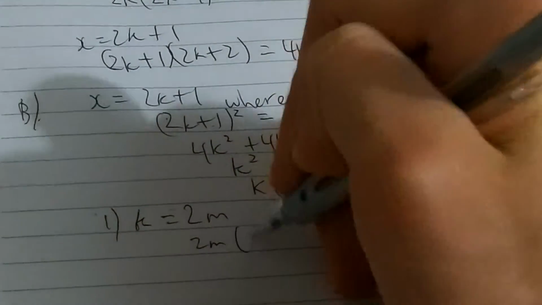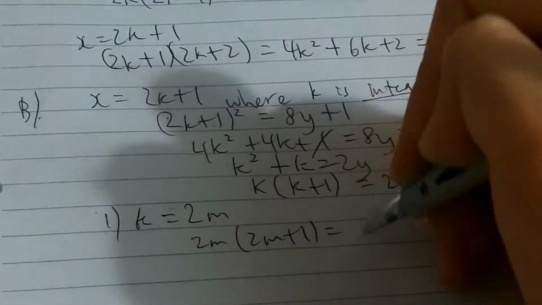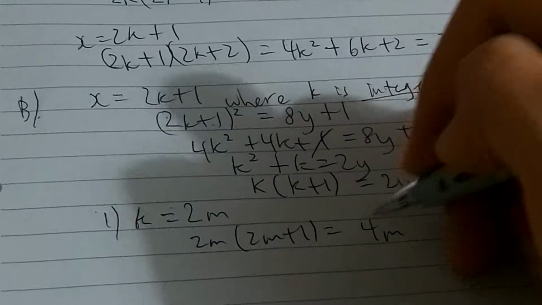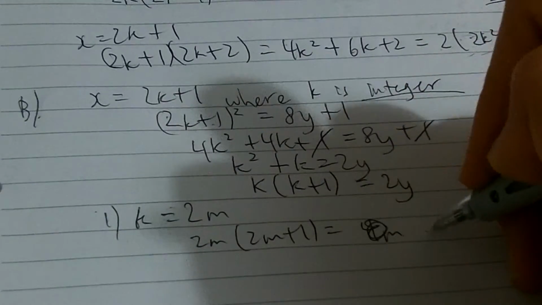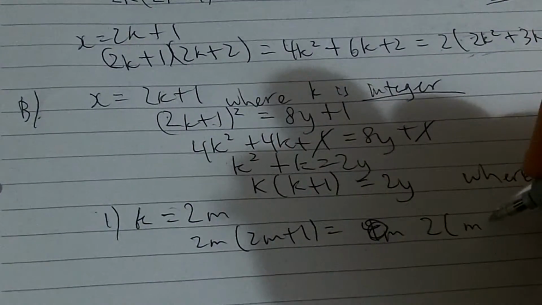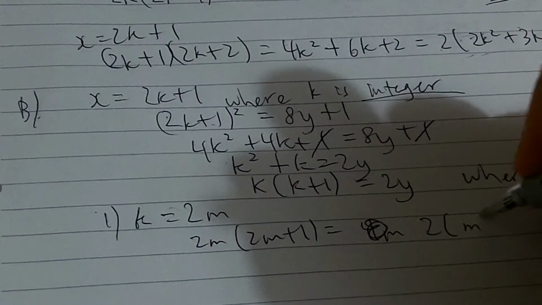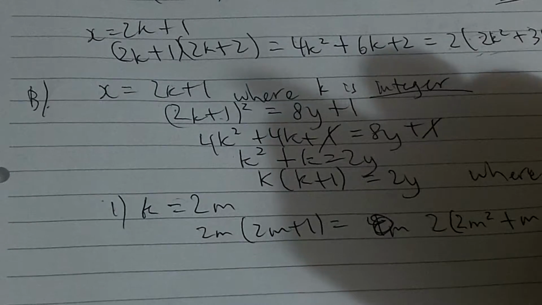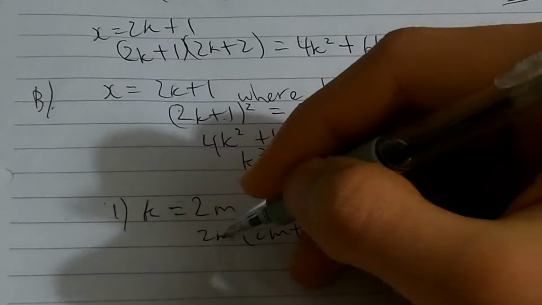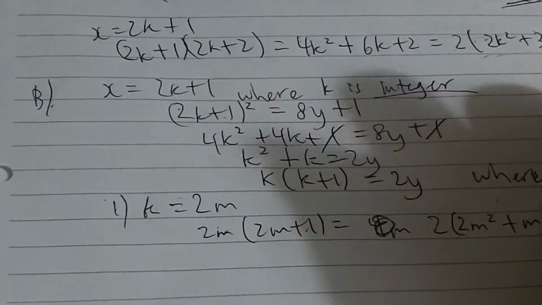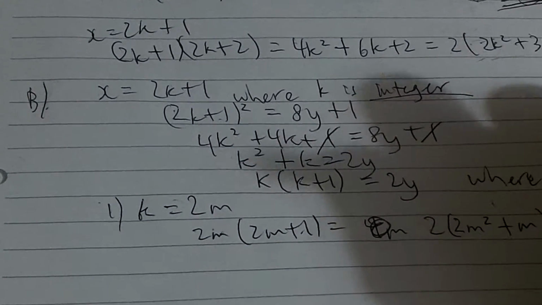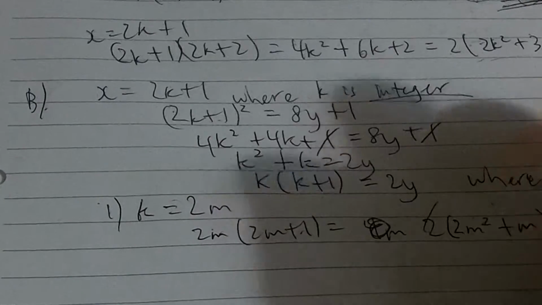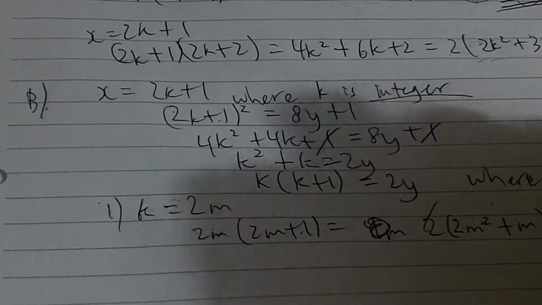Then 2m multiplied by 2m plus 1 will equal 2 times (2m squared plus m), because I just took the m out and then multiplied the m, but not the 2. Which will equal 2y. And since m is an integer, the integer y does exist.